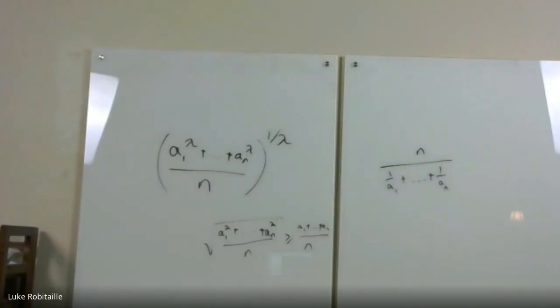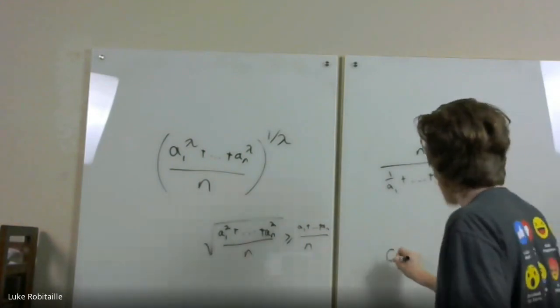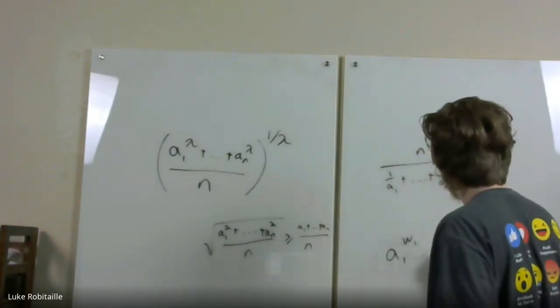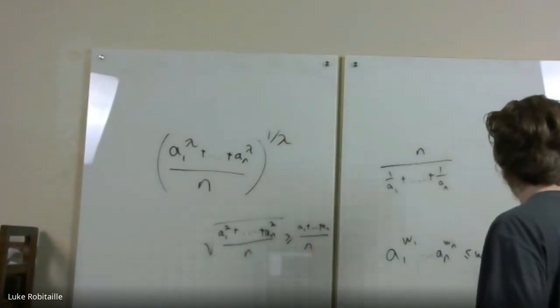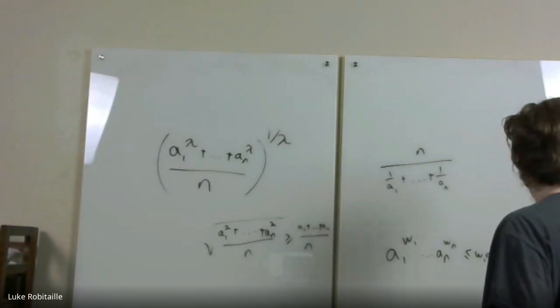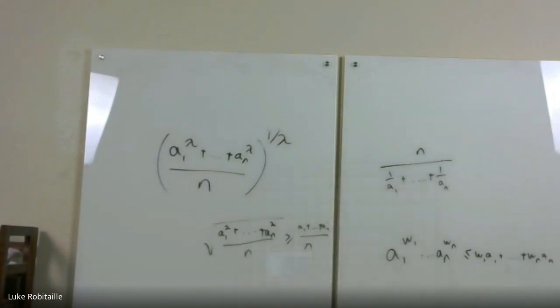Oh, yes? Does the weighted version, like weighted AM-GM, hold if the weights don't sum to 1? Well, in that case, since this is a linear function of the a_i's, you want this to have degree 1 in the a_i's as well.